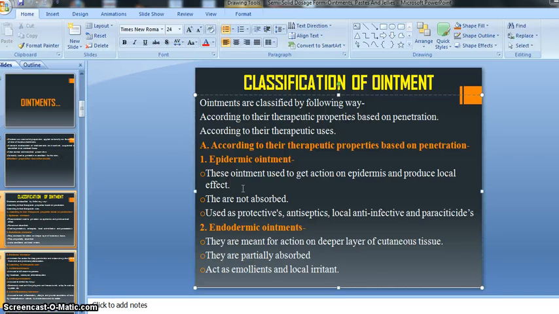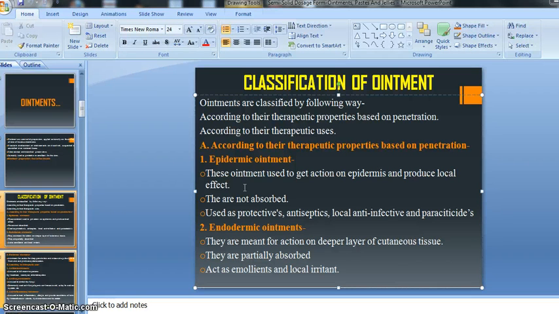If we need any local effect or action on the epidermis, suppose we get scratches or irritation or some infection on the epidermis layer of our skin, then the doctor prescribes the epidermic kind of ointment, right?